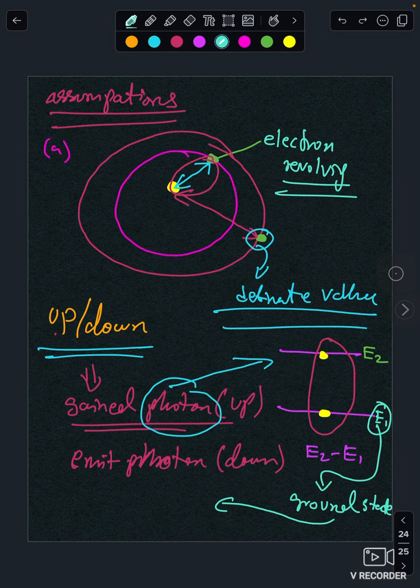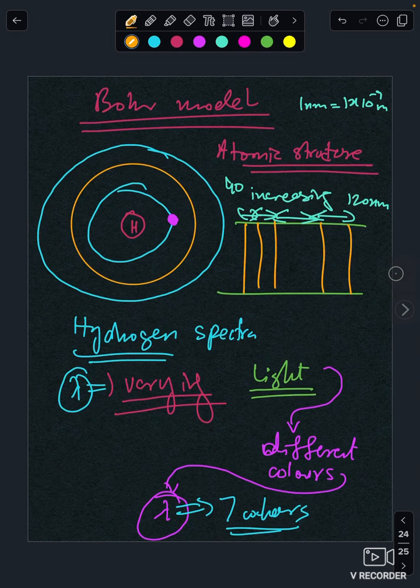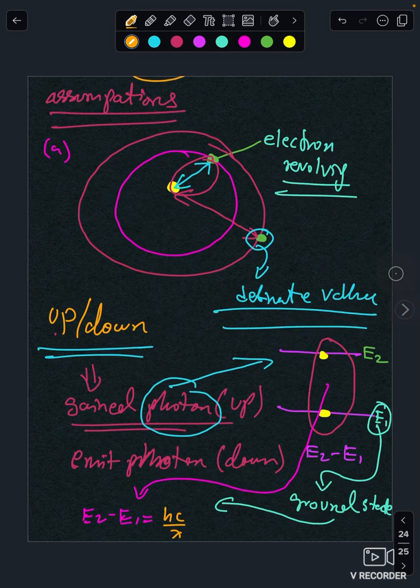Okay, the wavelength of the emitted radiation, meaning the one with the photon being lost, is given by the Einstein-Planck equation, which we can write as E2 minus E1 equals hc over lambda.